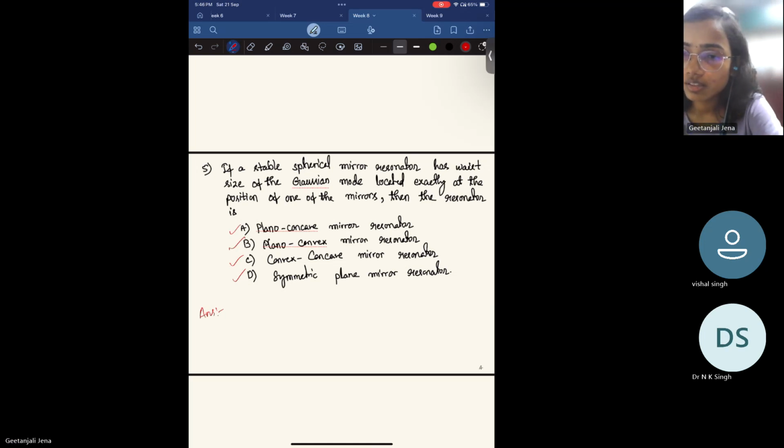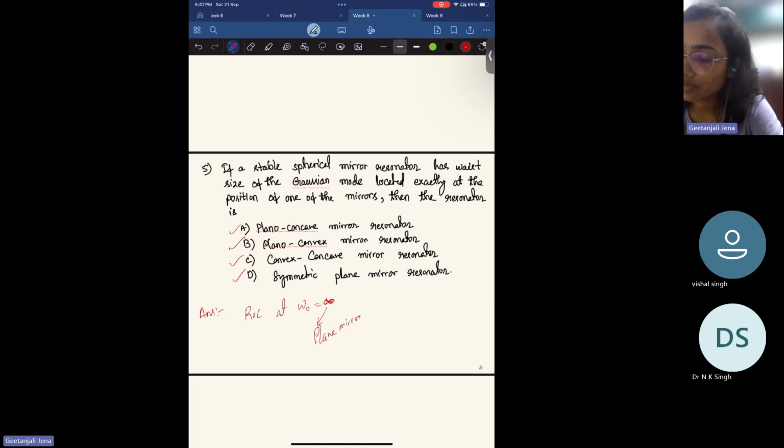So if you recall the ROC formula, then at the waist, ROC is infinity. And for what kind of mirror do we have infinite radius of curvature? This is for plane mirror, right?